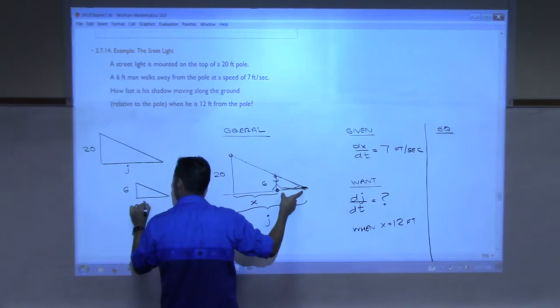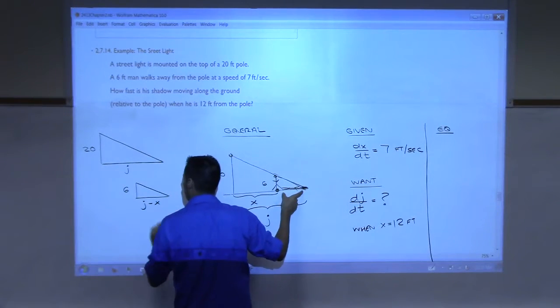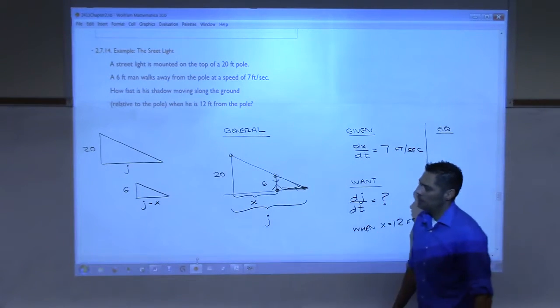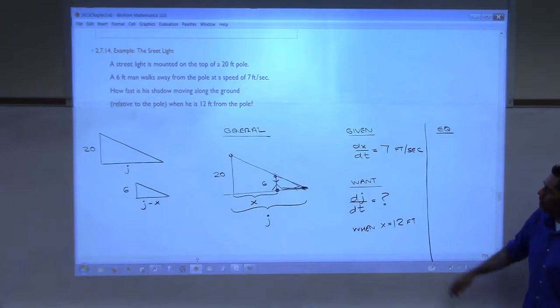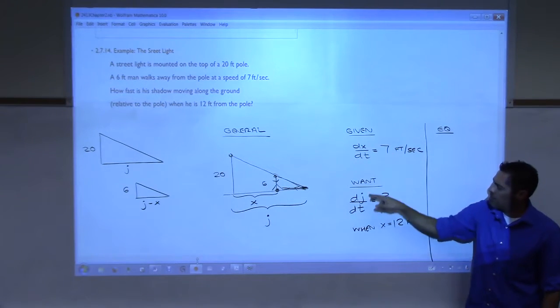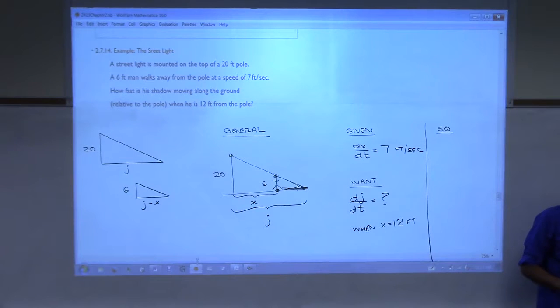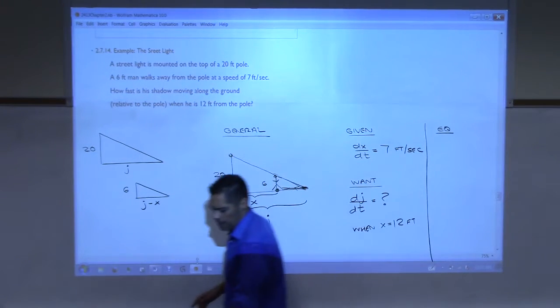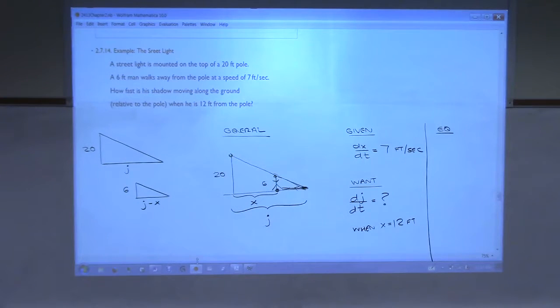Understand that, everyone? Okay, there's J minus x. Great. But does that help? I'm trying to come up with a formula that relates x to J. What can you do there? You think about it. I'm going to go grab a couple of colored markers out of a different room. Y'all can think about what you might want to do.